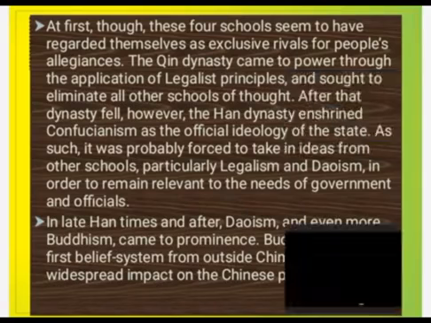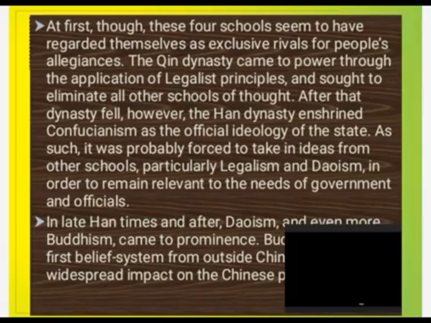At first, these four schools seem to have regarded themselves as exclusive rivals for people's allegiances. The Qin dynasty came to power through the application of Legalist principles and sought to eliminate all other schools of thought. After that dynasty fell, however, the Han dynasty enshrined Confucianism as the official ideology of the state.